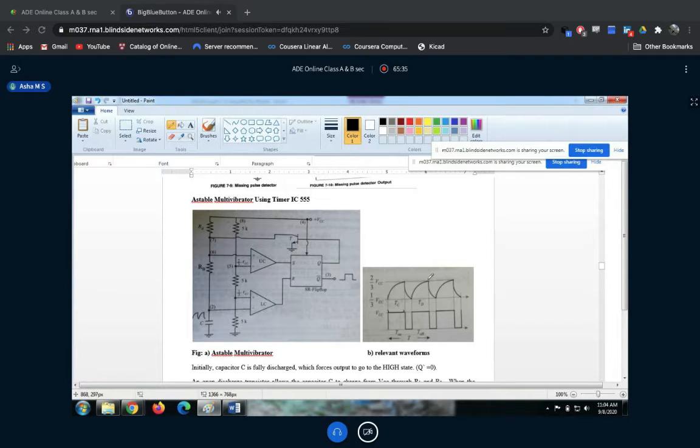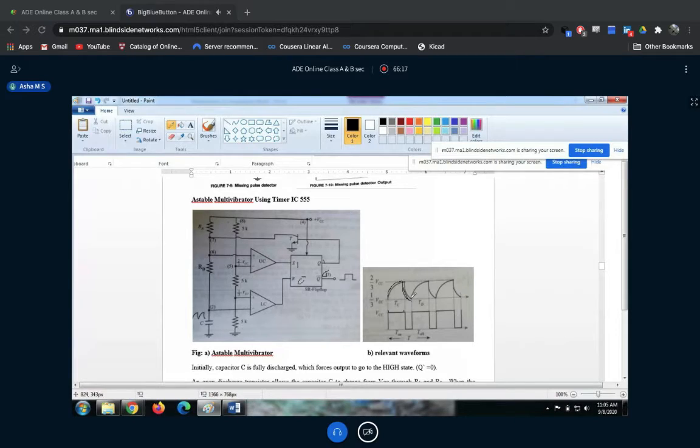Once this capacitor charge exceeds 2/3 VCC, what happens? This S value becomes 1, and this value will be 0, and this is 1, and this is 0. So this transistor is on and this capacitor stops charging. It starts discharging, and we have our output 0. You can see in this diagram, the capacitor discharges till 1/3 VCC.